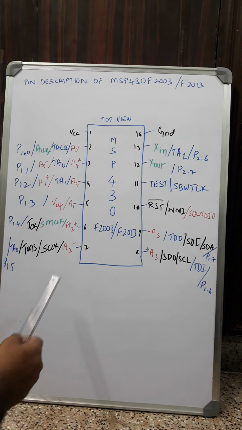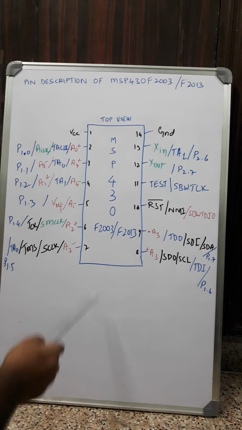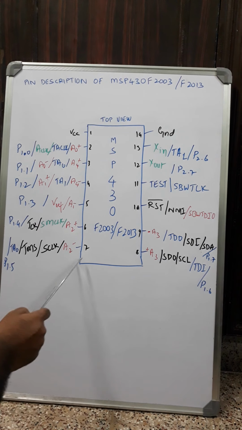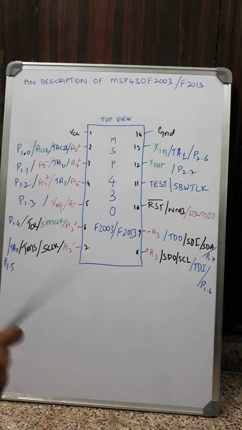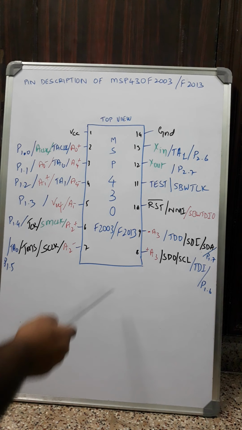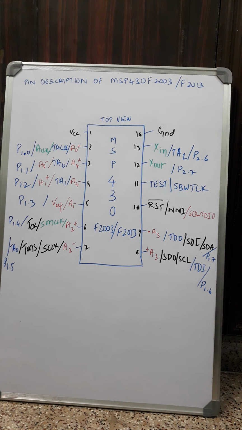That means port 2 would also have been 8 lines had there been an interpretation of 6 more pins here. Rest of the description is just the same for either the 14 or the 20 pin version.